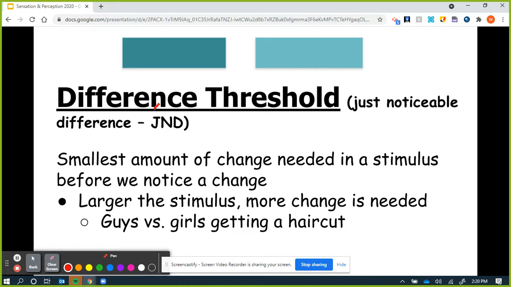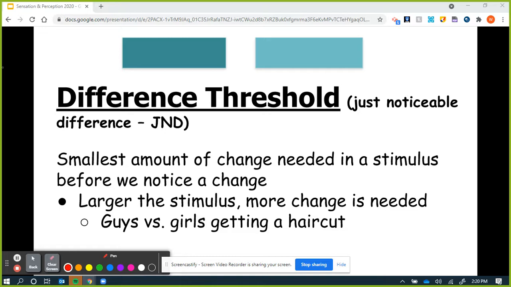So, how much louder does the volume on the TV have to go up for you to notice that it has gotten louder? How much more salt do I have to put into a soup to notice that it's gotten saltier?